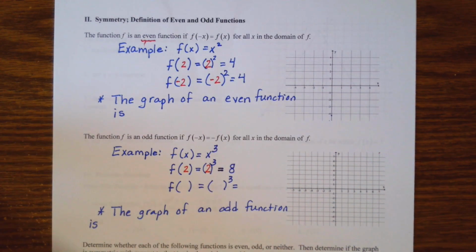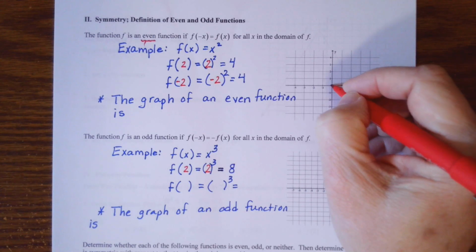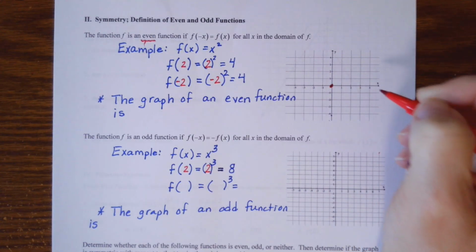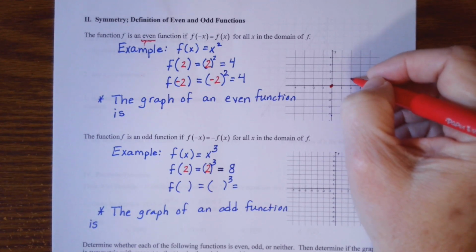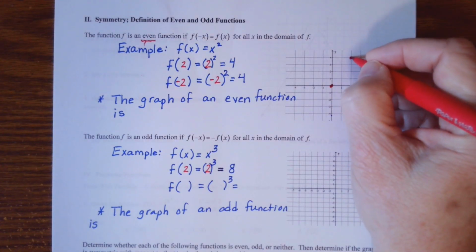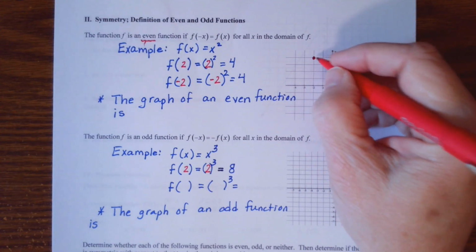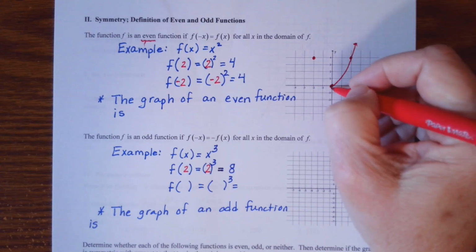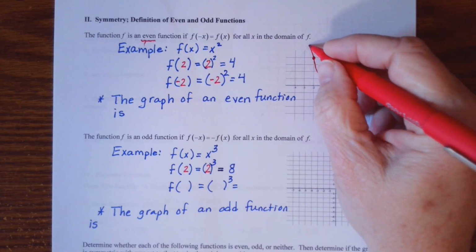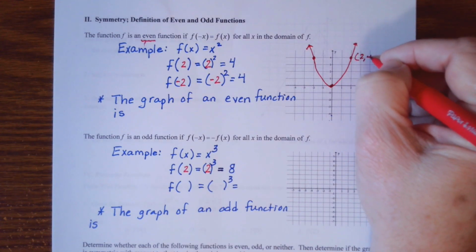So let's look on a graph. Because of my example, this is going to be 0, 0. And then I come up here and count 1, 2, 3, 4, 1, 2, 3, 4. So on the graph, this is 2 comma 4.